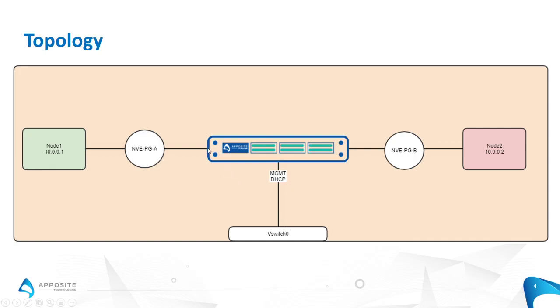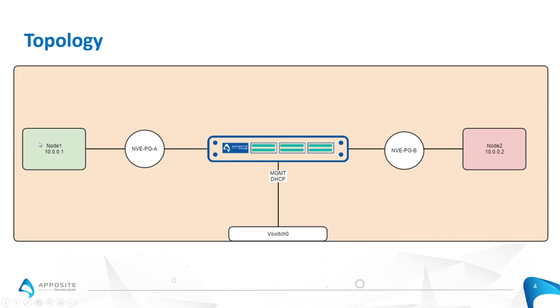Then we have port 1, which is connected to the NetropyVE port group A that gets created. And then we have port 2, which is going to be connected to the NetropyVE port group B switch, or port group that we're creating in the script.